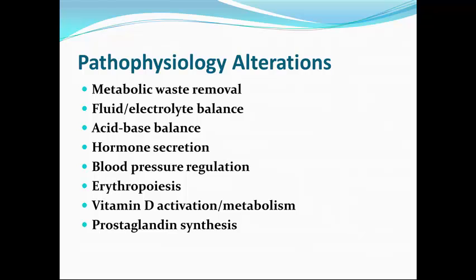Finally, the kidneys also are a site of prostaglandin synthesis. In the kidneys, prostaglandins are local vasodilators. Now, they have a fairly short half-life, but it's important to remember that local vasodilation effect that occurs with prostaglandins.